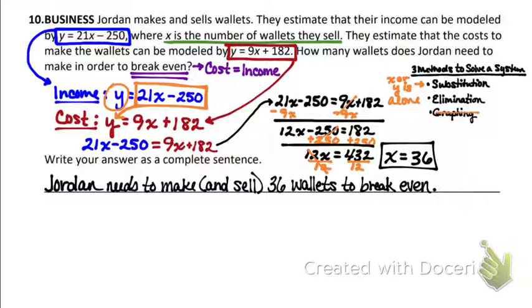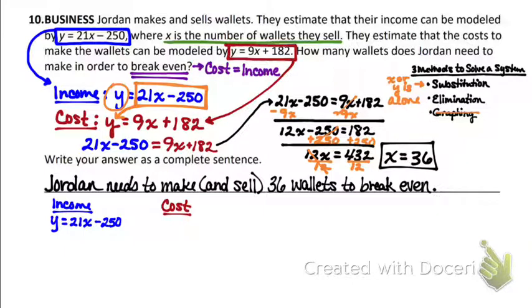How do I know whether or not that's right? Check. I know that I want the income to be the same as the cost. So I'm going to substitute into both of these equations, and I'm going to make sure that the income is the same as the cost. Our income equation was y equals 21x minus 250. What did we get that I could substitute in there?